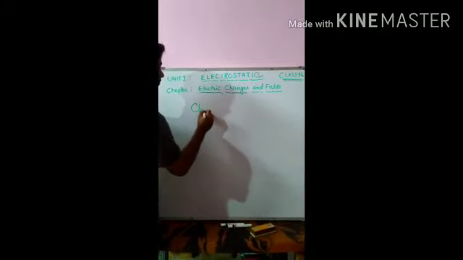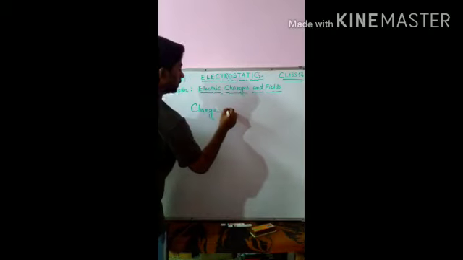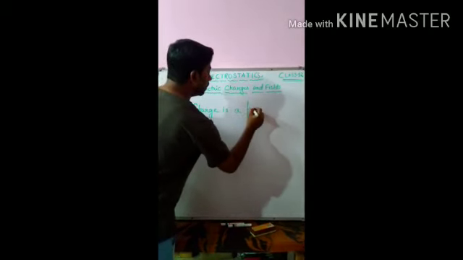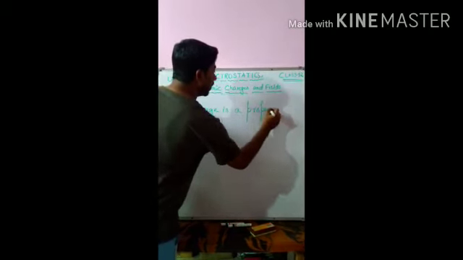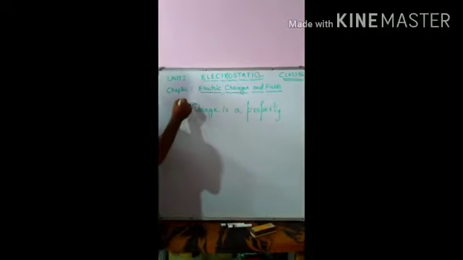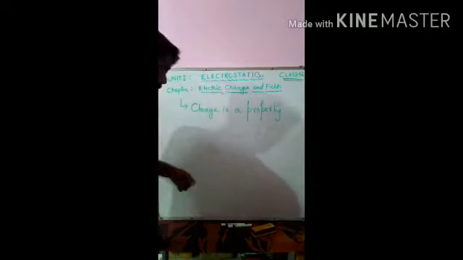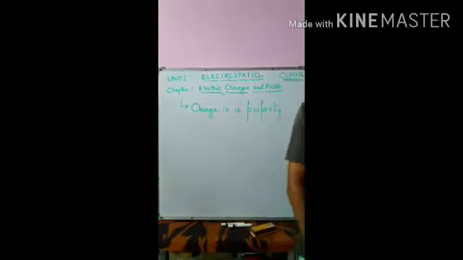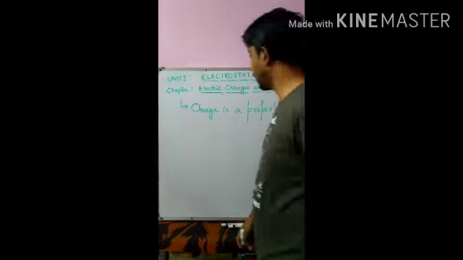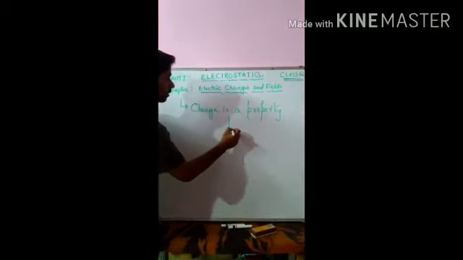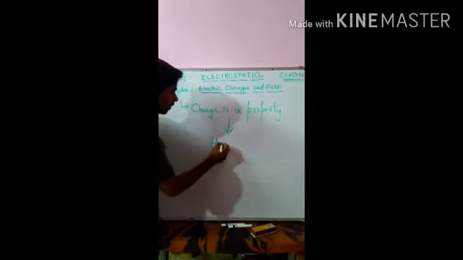Charge is a property that is possessed by a body. That means any body can possess charge. Now, how is that charge produced in the body?